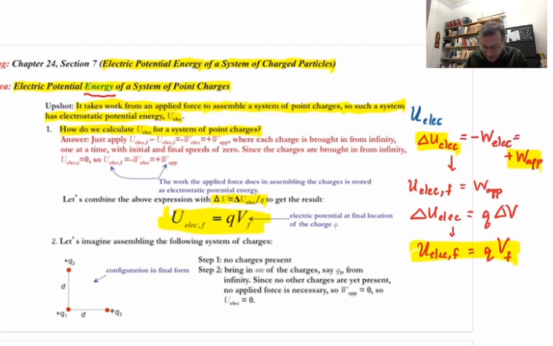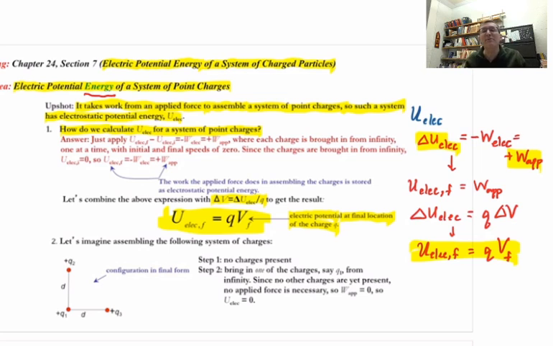The electric potential energy then is the charge that I moved, Q, times the electric potential in volts, V, at the final location where I put the charge, Q. That's all we have to do. We've got to find the electric potential at the final location where we put that charge Q and multiply that by Q.